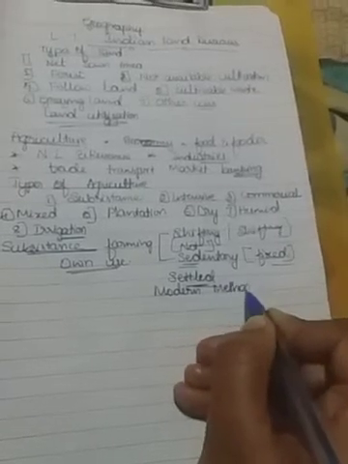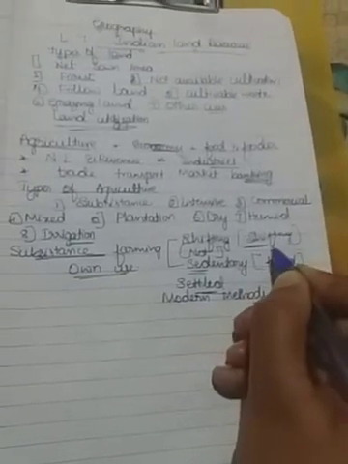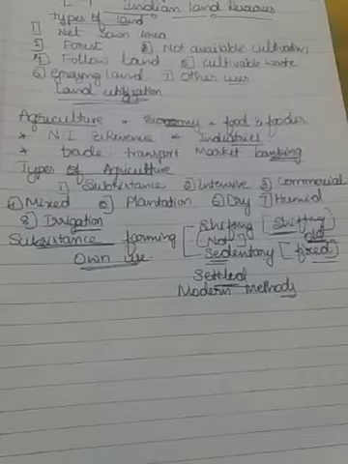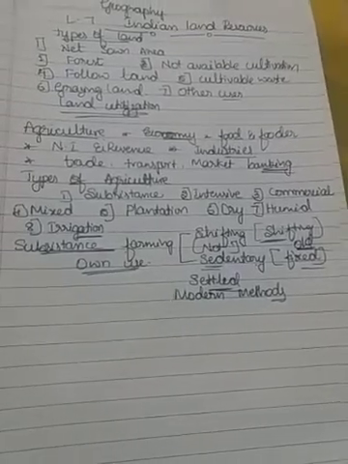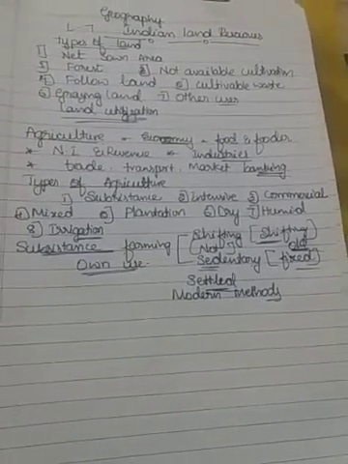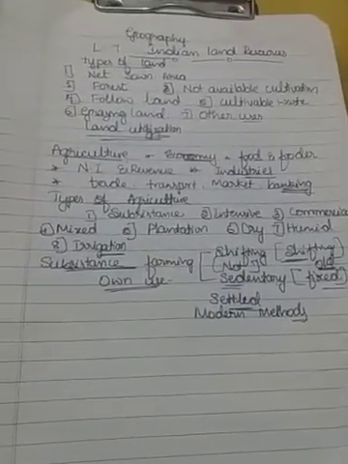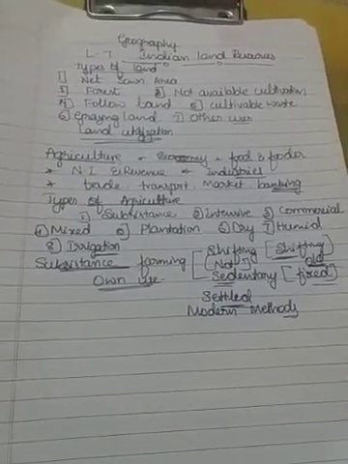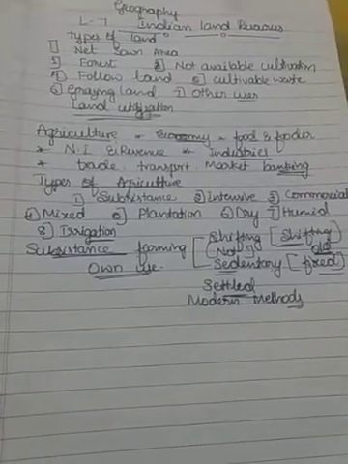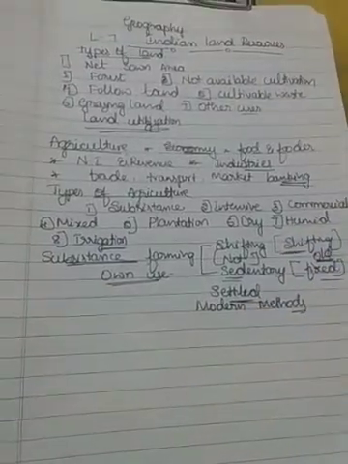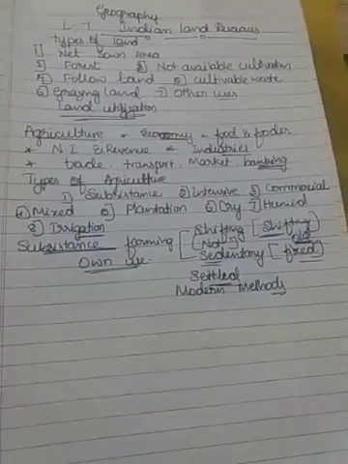But in shifting cultivation they use only old techniques, because they do not use any artificial fertilizers or power tillers, nothing like that. So these are the differences between shifting cultivation and sedentary farming.